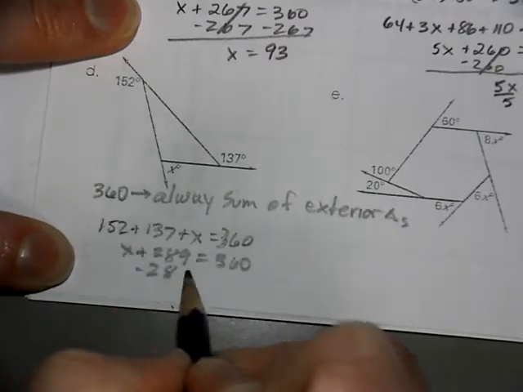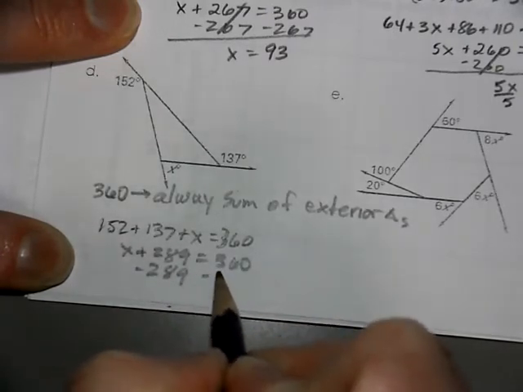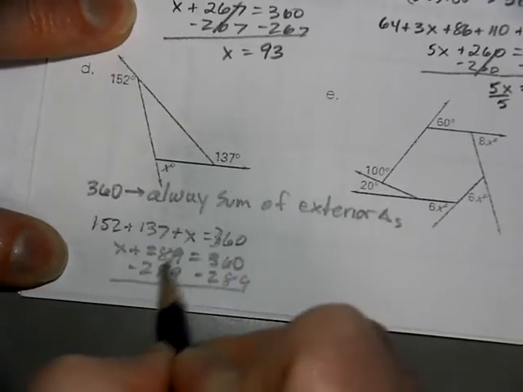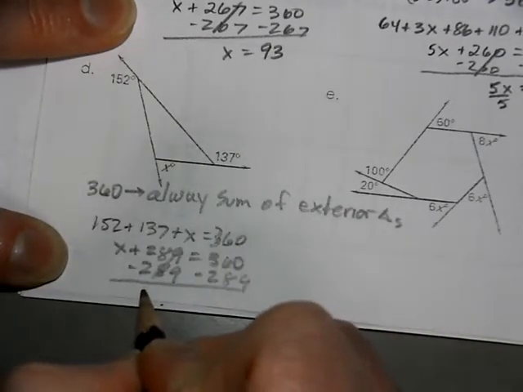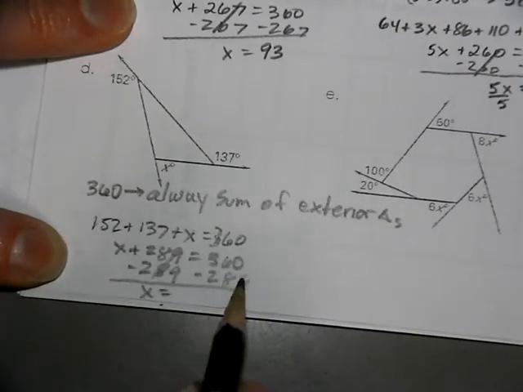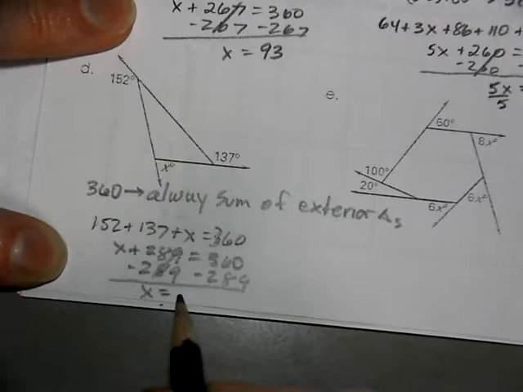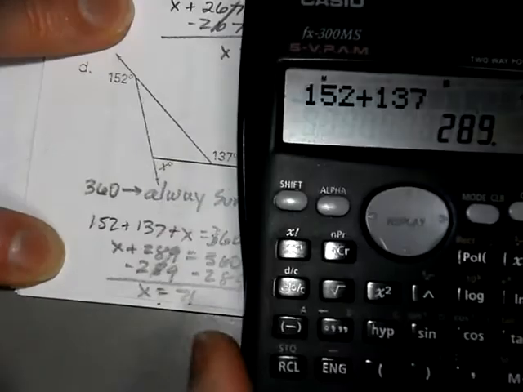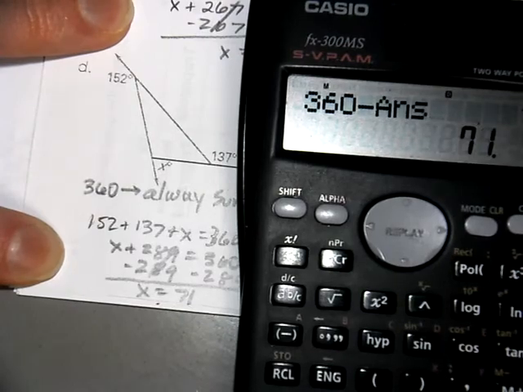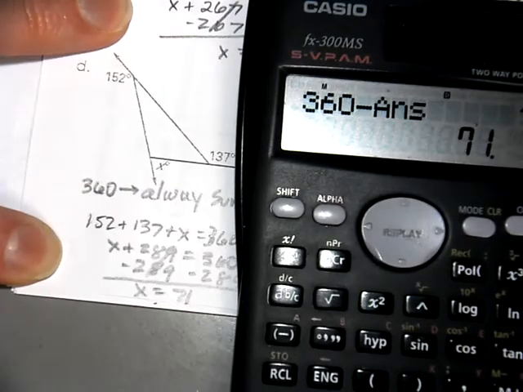Subtract your 289. So that's going to be 11 until it gets up to there. So 71. 360 minus your previous answer, 71.